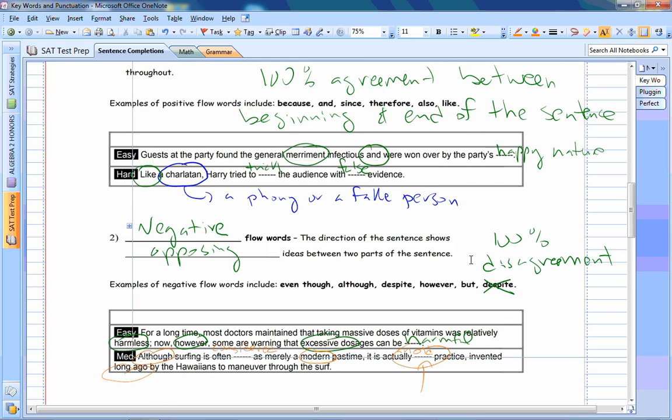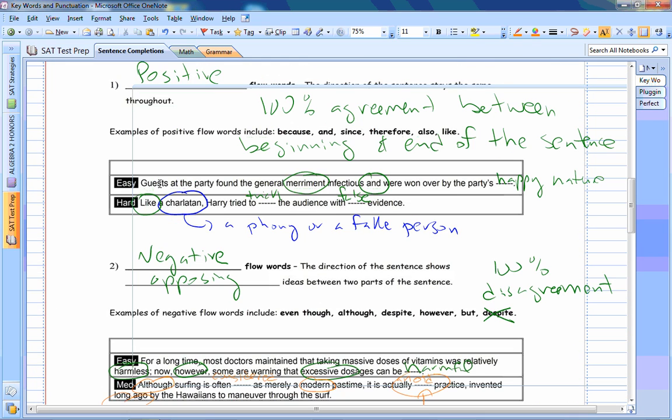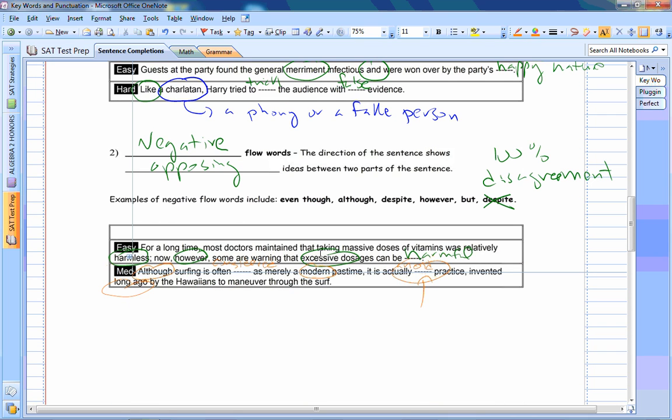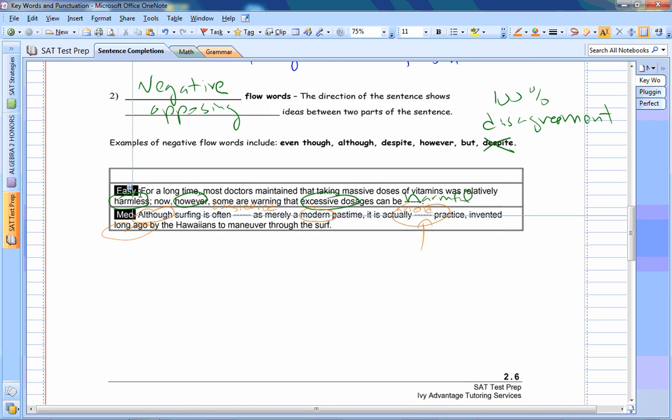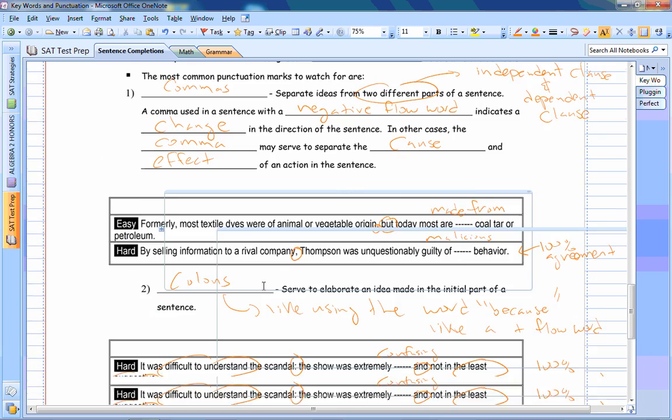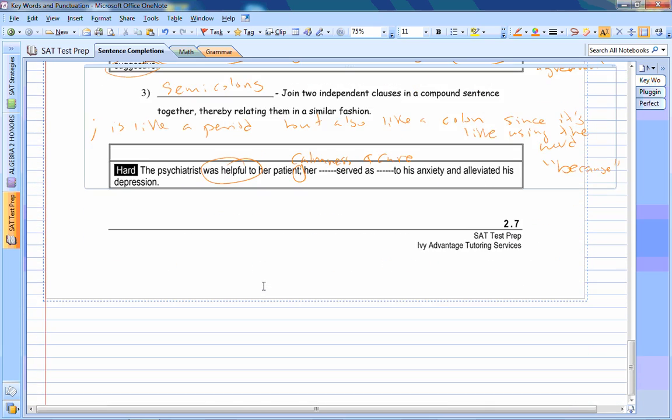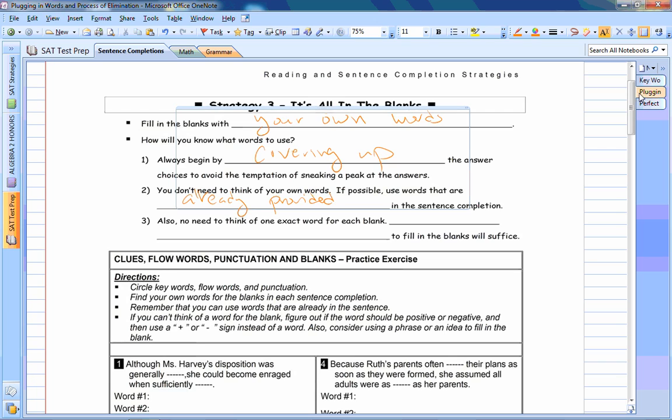Let's actually look at page 2.6. If you look at this one here, guests at the party found the general merriment infectious and wondered at the party's happy nature. We could have used the word merriment. So you can use words that appear earlier in the sentence to help you fill in the blank. There's nothing wrong with that whatsoever. Or here is how I used harmful. I just simply used the opposite of harmless. So use words in the sentence to act as a clue for what you're going to put in the blank.